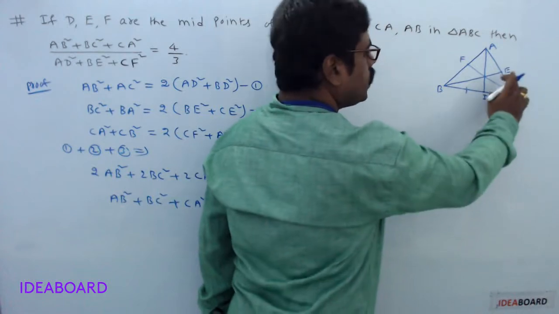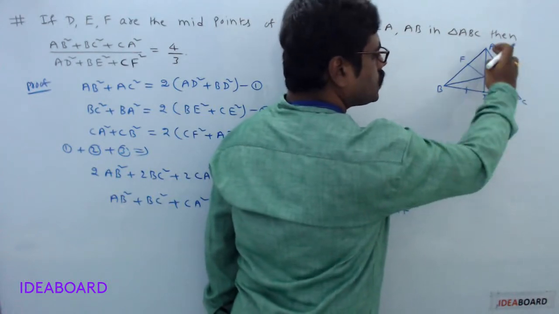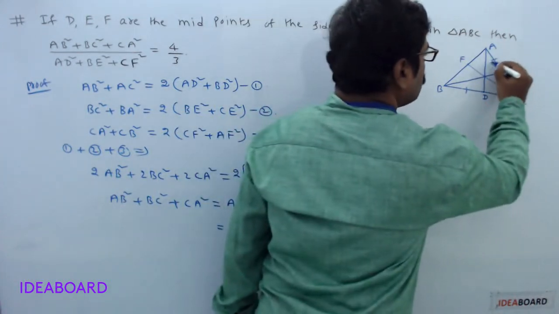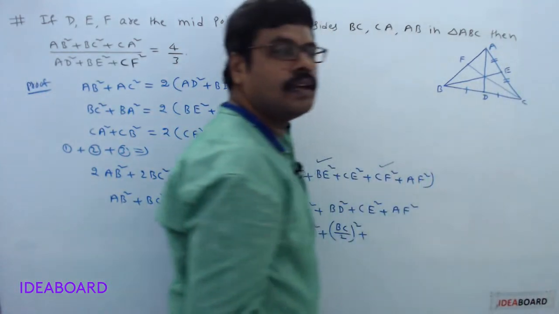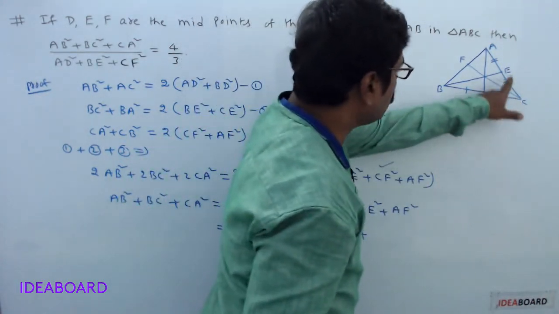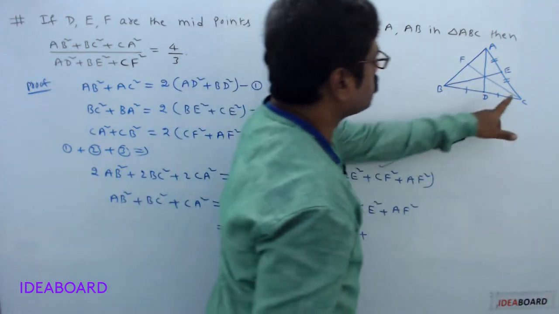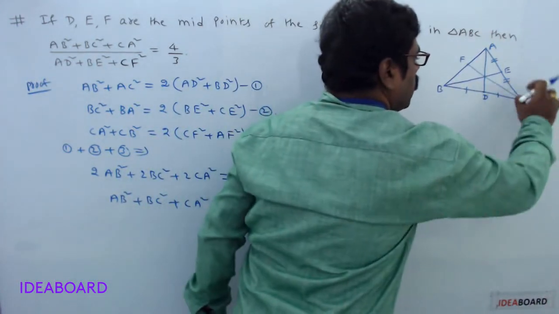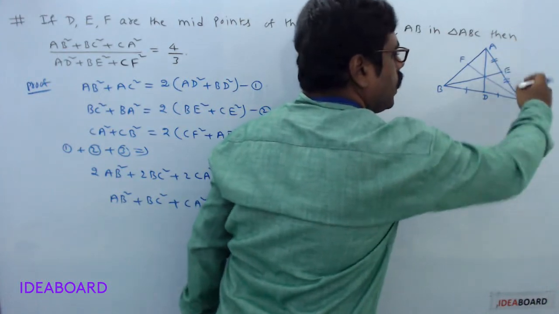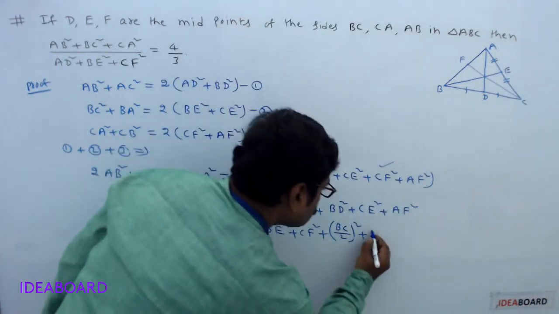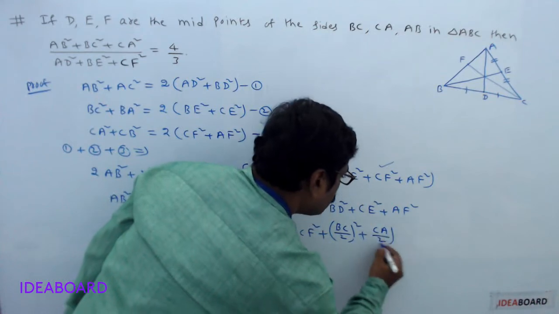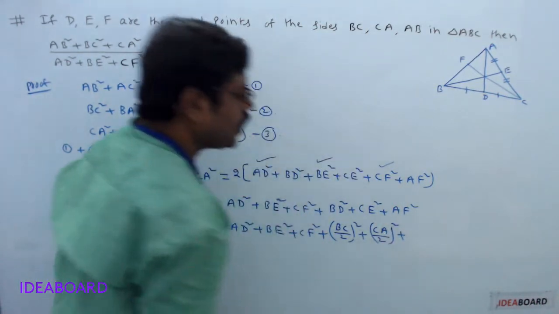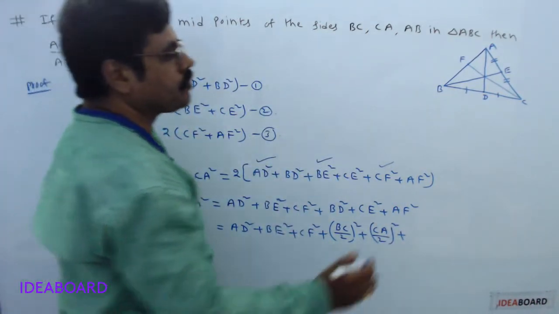Now this is CE. Here E is the midpoint of the side AC. So this length and this length are equal. So this CE can be taken as CA divided by 2. So CE can be taken as this total length divided by 2. So it means CA divided by 2 whole square plus AF square.